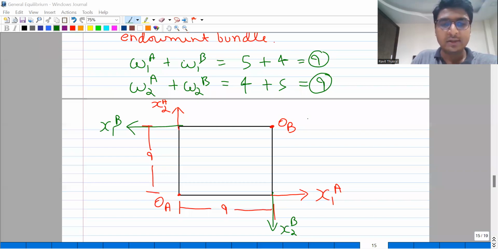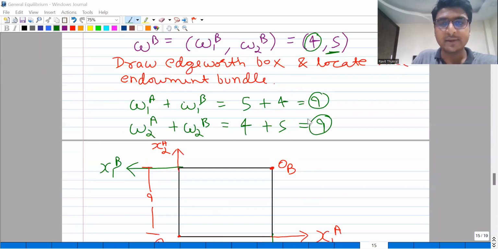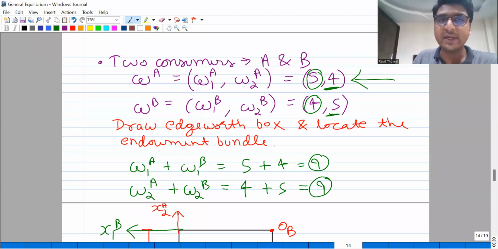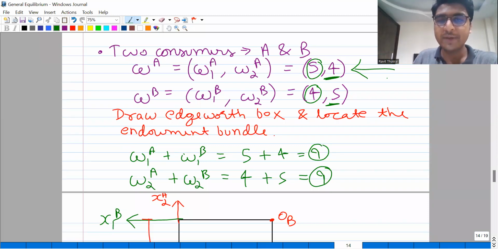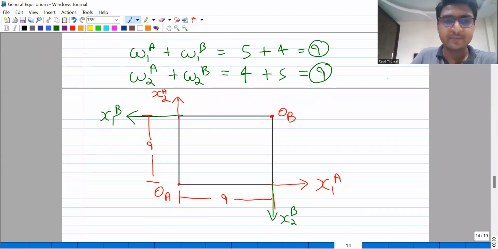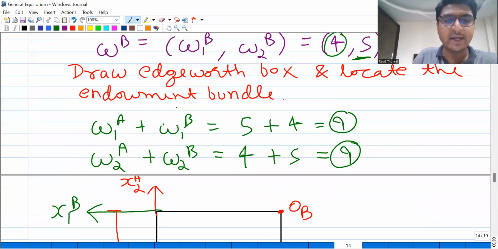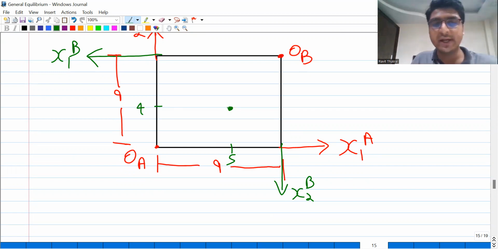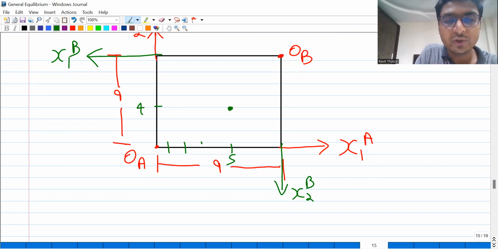So now we need to see where the endowment bundle lies. As I told you, do it for individual A, and individual B's will get located automatically. So 5,4 is the endowment bundle of individual A. So this is 5. Let's say this is 4. So this is the endowment bundle of individual A. 1, 2, 3, 4, 5, 6, 7, 8, 9.